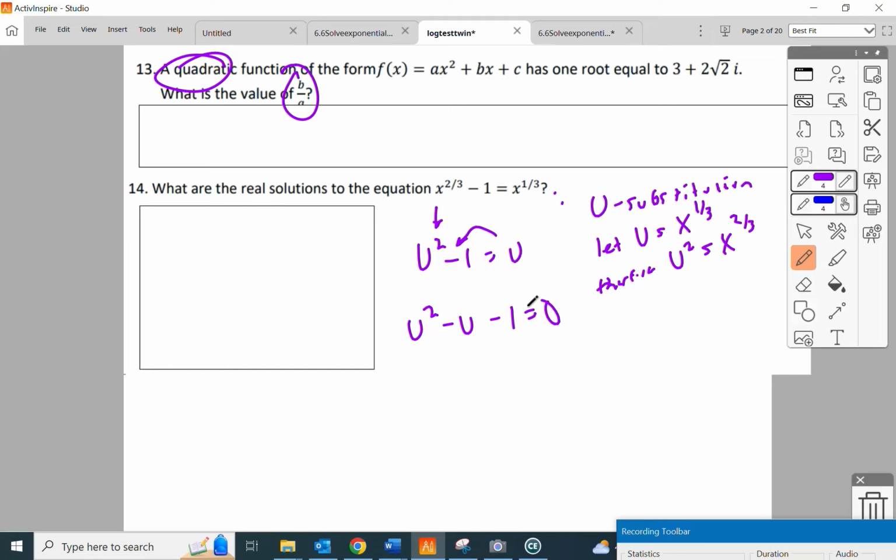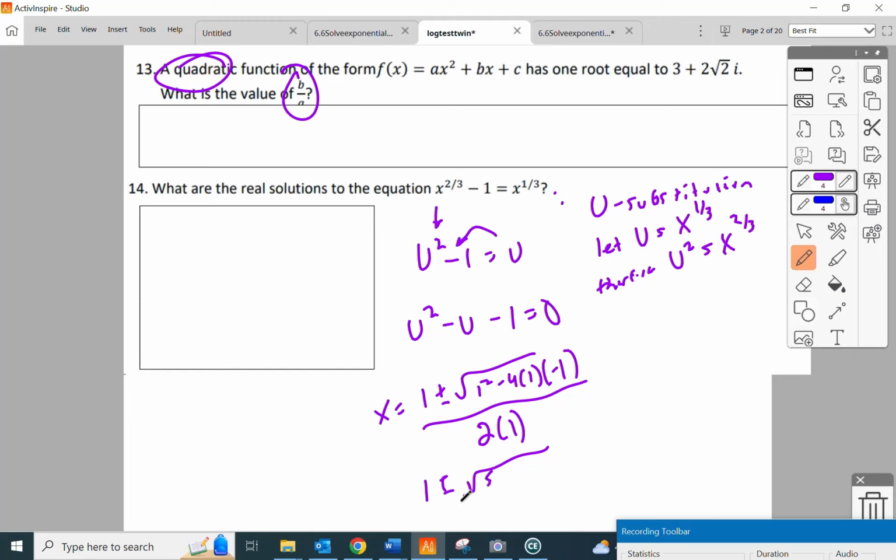There are no factors of -1 that work. So again, I do x equals -b plus or minus square root b squared minus 4ac all over 2a. And what do I get here? I get 1 plus or minus square root of 5 over 2. What a funky looking answer.